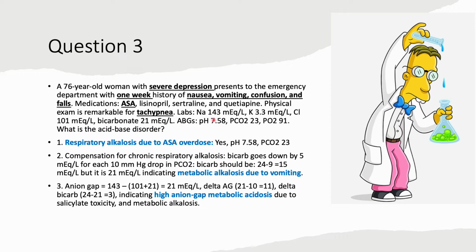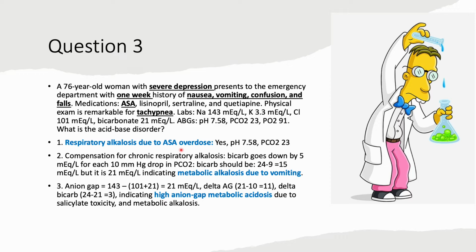So we look at the pH, alkalemia, we look at the PCO2, it is low, not high. So we have respiratory alkalosis. So this is our first diagnosis. It's due to aspirin overdose. Now, if you remember correctly, aspirin overdose causes respiratory alkalosis and metabolic acidosis. In adults, you see more respiratory alkalosis.